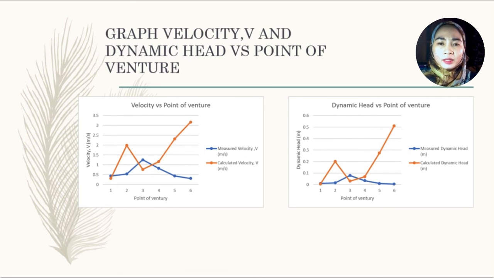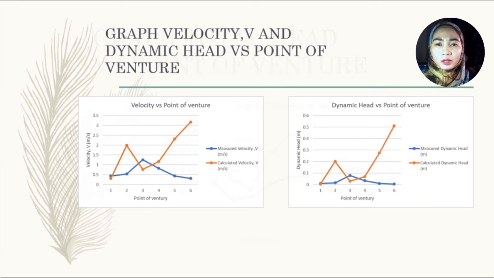We can see the graphs of measured and calculated velocity head and dynamic head, and the graphs have almost the same design. Measured velocity is increasing, decreasing at point 2 and increasing slightly at point 3. Calculated dynamic head at point 4 is rising sharply compared with the measured dynamic head, which is decreasing.